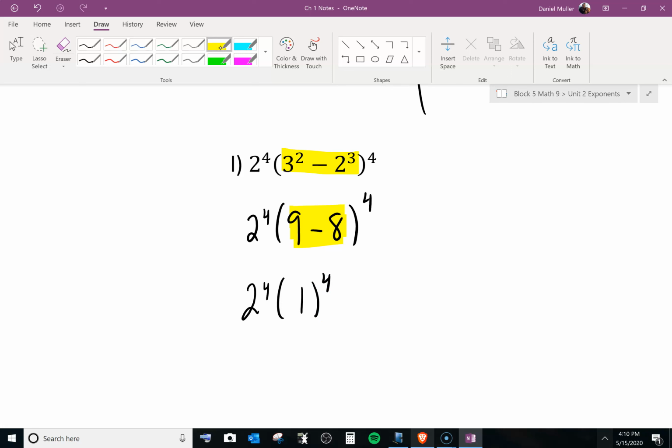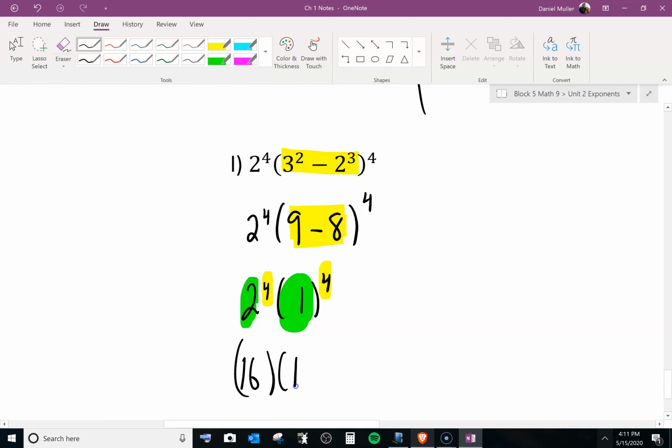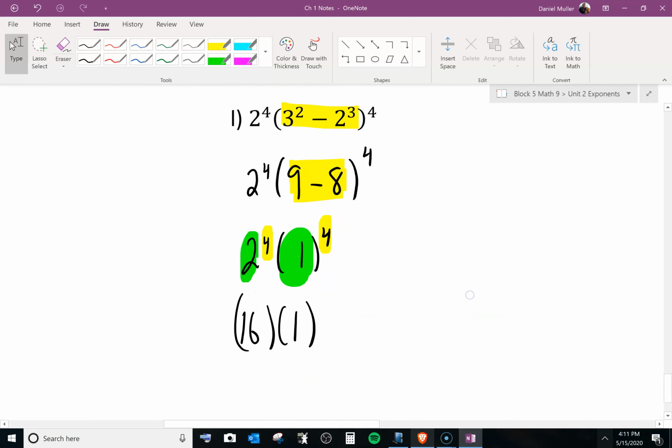Now that I'm done B for brackets, I can do exponents. So I have some exponents here. 2 to the power of 4. So my base here is just the 2. My base here is the 1. 2 to the power of 4, I think, is 2, 4, 8, 16. And 1 to the power of 4 is 1. 16 times 1 is 16.